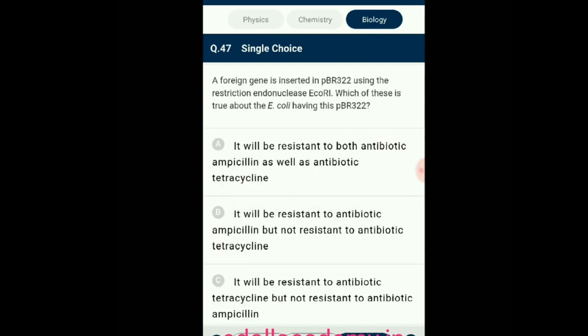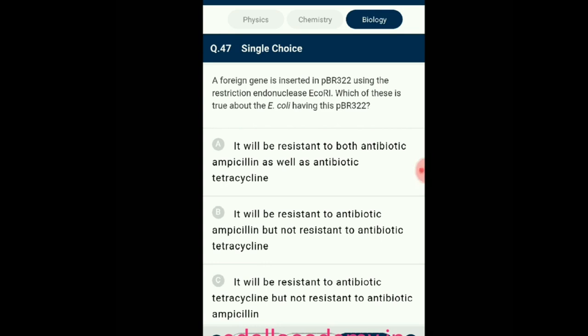Question number 47. A foreign gene is inserted in pBR322 using the restriction endonuclease EcoRI. Which of these is true about the E. coli having this pBR322? The restriction site for EcoRI in pBR322 is not present within the ampicillin resistant gene or within the tetracycline resistant gene.